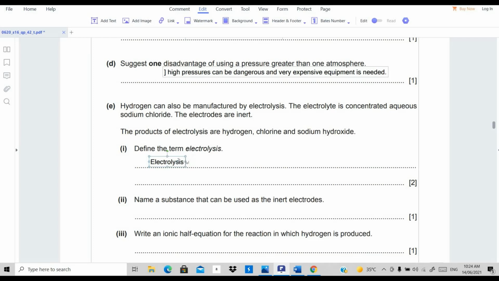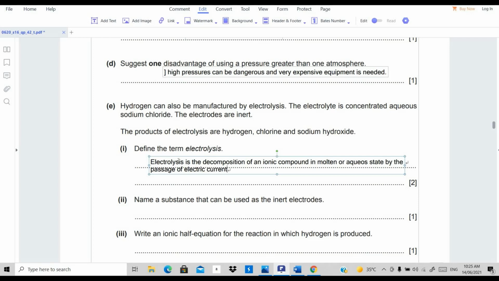Electrolysis is the decomposition of an ionic compound in molten or aqueous state by the passage of electric current.